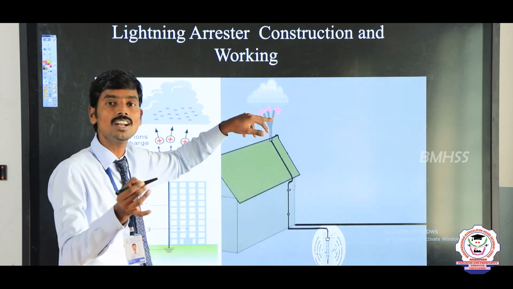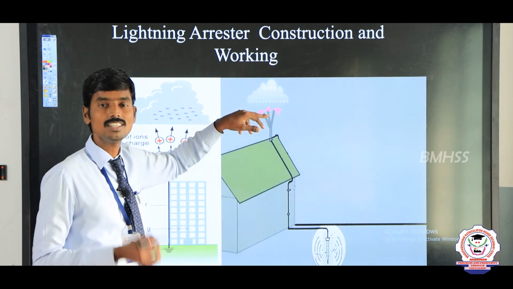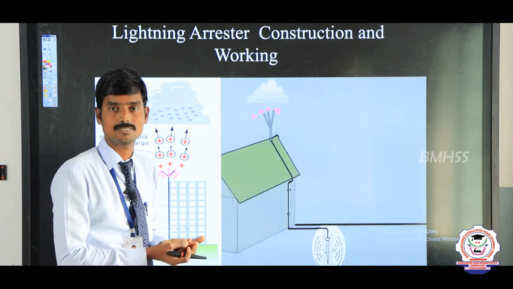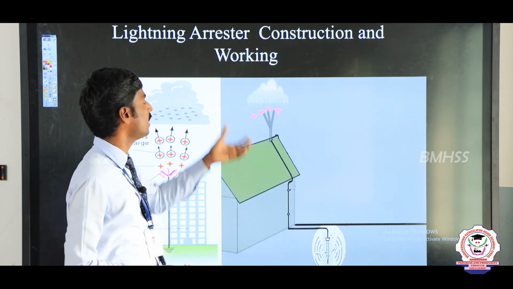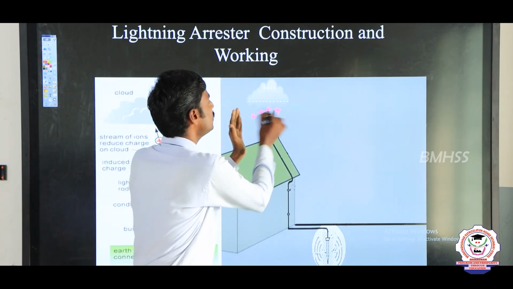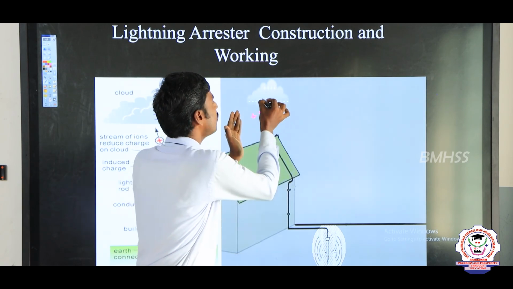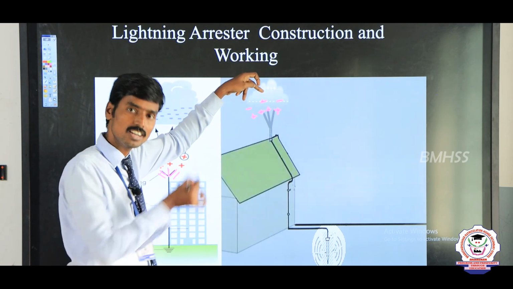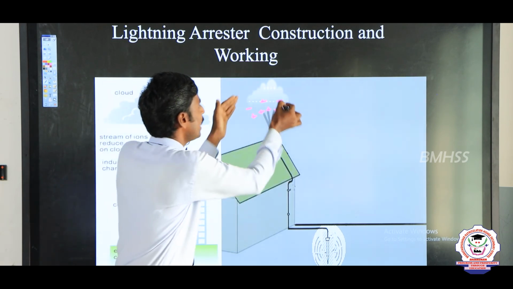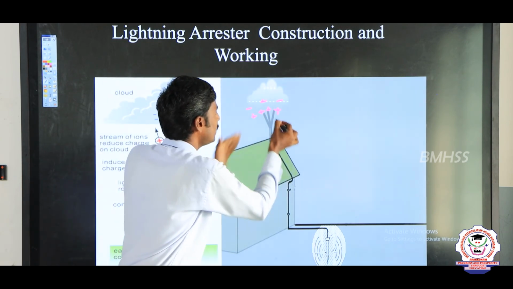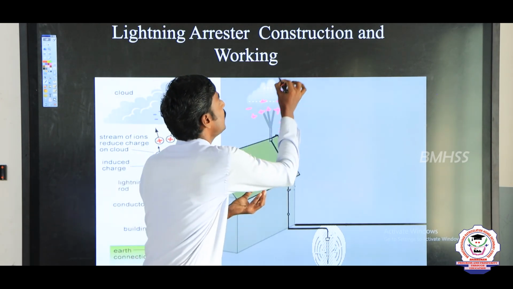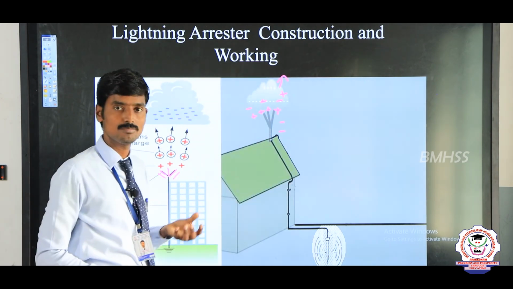At that time corona discharge occurs. What is the meaning of corona discharge? Some of the charges leak at the sharp points. Similarly, at the same time, the negative charges from the clouds are attracted towards the spikes and the positive charges are repelled to the sharp edge.